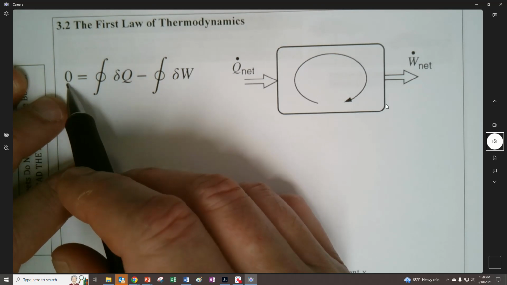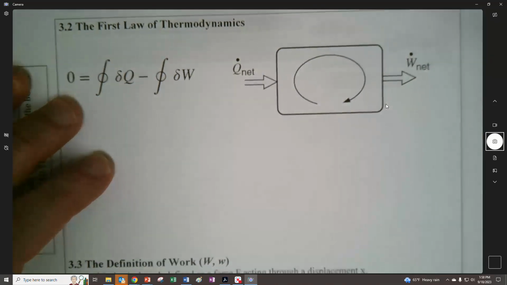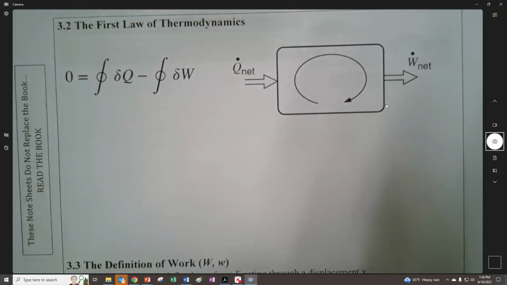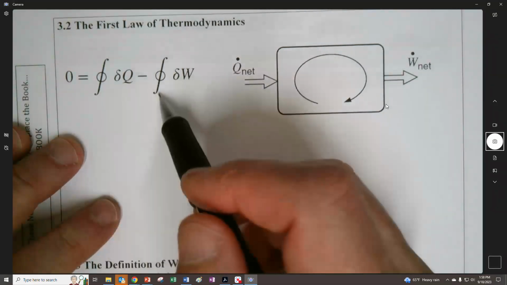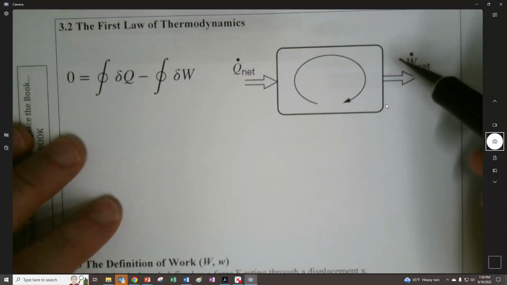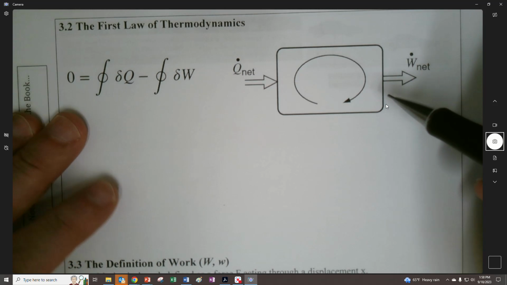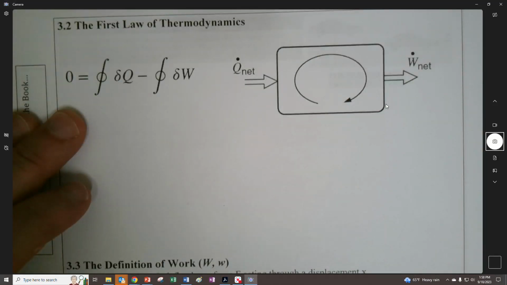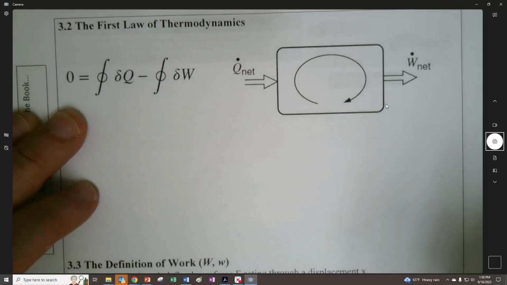This is not universally true, because maybe we do store energy in some form or another. But for many systems this is true, especially for cyclic systems. And if they're in a steady state, that doesn't mean that they're sitting still. That just means that you show up and then leave and then come back and you have the same conditions everywhere.